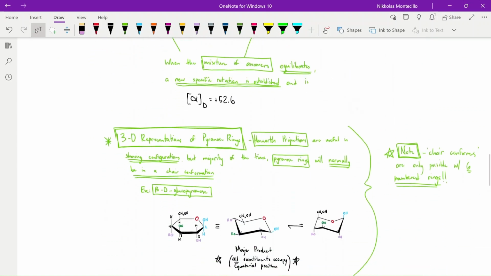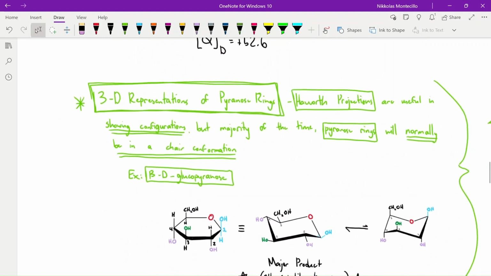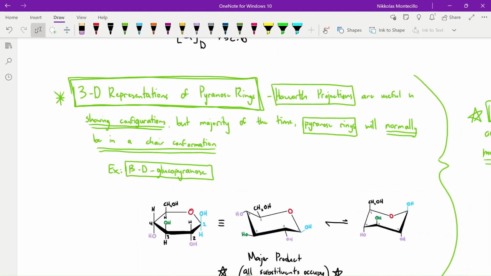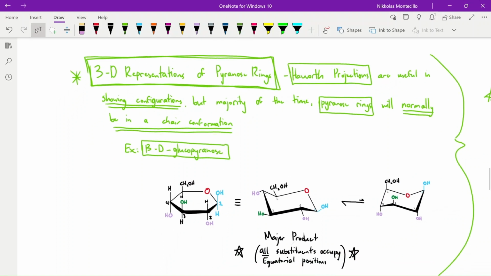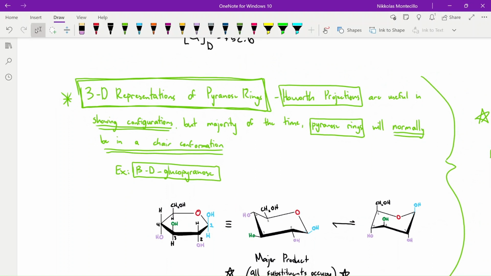Now, there are different ways to represent pyranose rings. Haworth projections and chair conformations are such representations that we use, and Haworth projections are useful in showing configurations, but the majority of the time pyranose rings will normally be in a chair conformation.